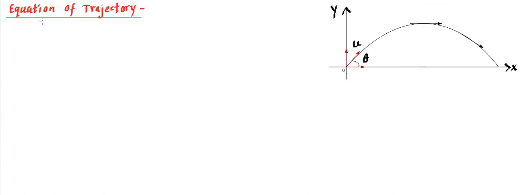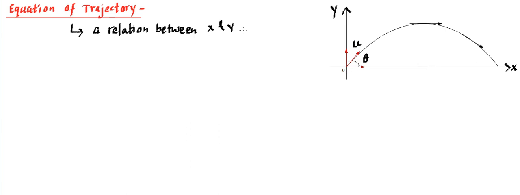Next point let's consider is equation of trajectory. So let me tell you some general point about this equation of trajectory. Trajectory is basically a path. So whenever we need to find the equation of a path, it's going to be basically a relation, or you can say function, between or among, depending upon how many coordinates there are, x and y, location or position coordinates of the particle.